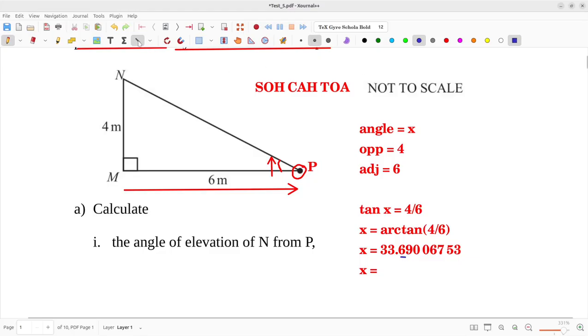Now let's see the digit after it. Since this is 5 or more, you are going to add 1, then you are going to get 33.7 degrees.